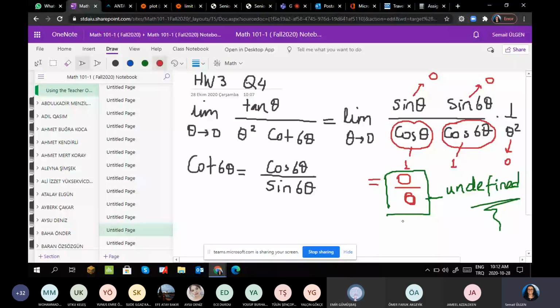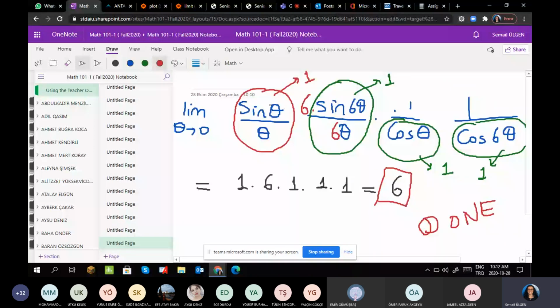Okay, then I just take this theta squared and distribute it underneath sine theta and sine 6 theta. Look, I took the 1 over theta squared and put it underneath and underneath. And then I separated 1 over cosine theta and 1 over cosine 6 theta. And I know sine theta over theta is 1. We talked about this before. Sine 6 theta over 6 theta: so sine 6 theta over theta is not very good. We have to have 6 theta underneath to make sure it's going to go to 1.